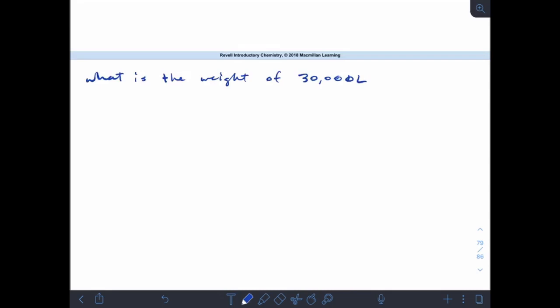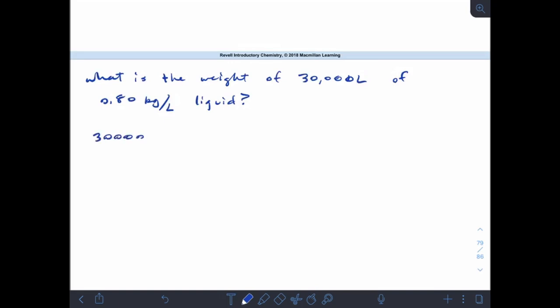What is the weight of 30,000 liters of 0.80 kilograms per liter liquid? That's the first thing we know. In order to know whether the truck will be able to pass, we need to know the weight of the liquid plus the truck. We already know the weight of the truck, so we need the weight of the liquid, and we're going to use the density to find that out.